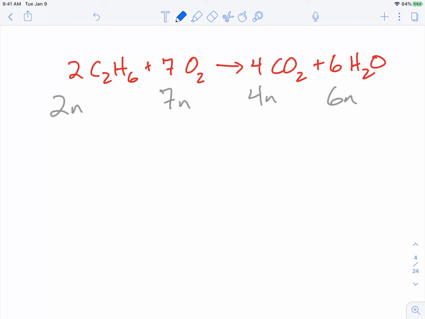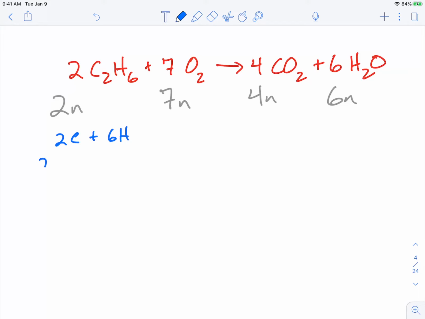So first thing I would do is figure out my molar mass of C2H6. For my formula, and I'm going to ignore the coefficient right now, my formula says I have 2 carbons and 6 hydrogens. So I would go to my periodic table and look up the atomic mass that's on there. And I'd probably round, as a general idea, to 2 decimal places.